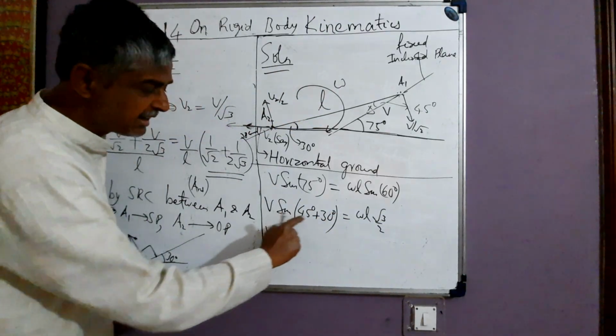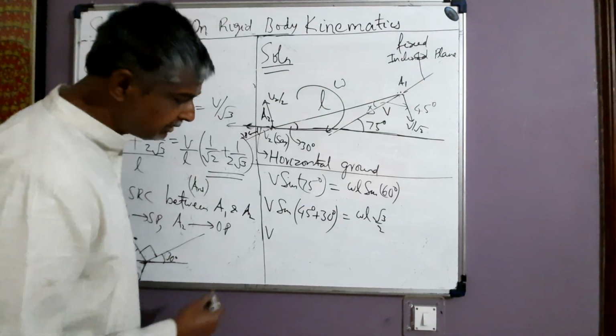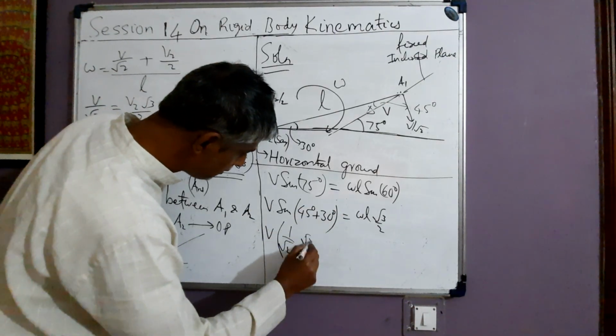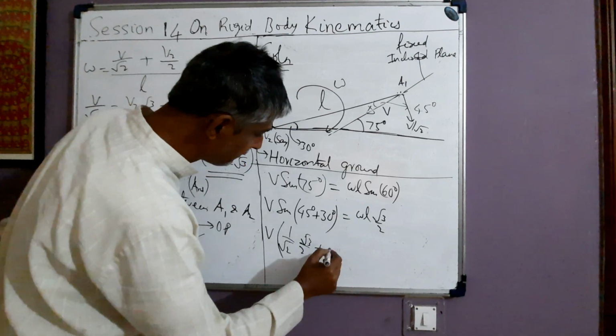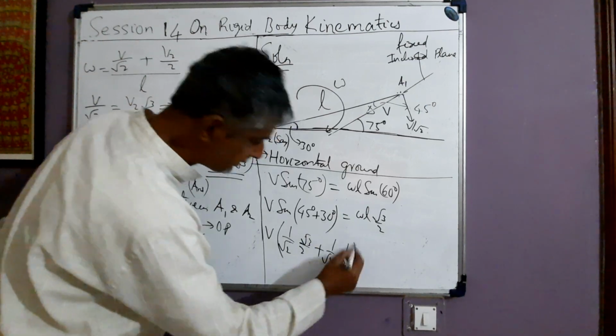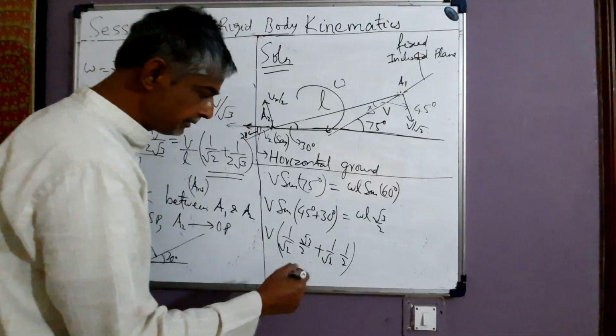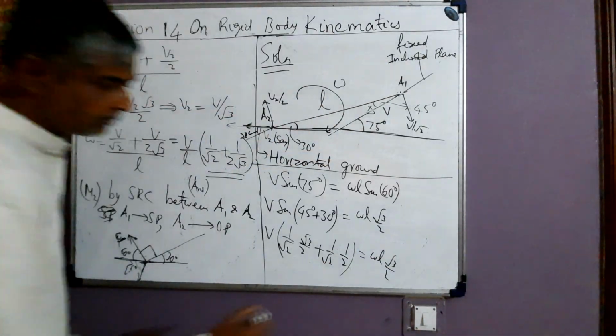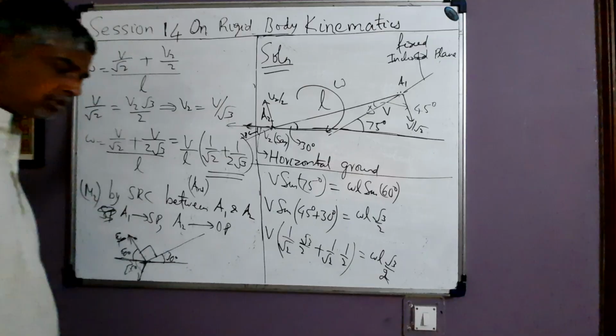Now I break this using the sin A plus B formula: sin A cos B plus cos A sin B, sin 45 cos 30 plus cos 45 sin 30, equal to omega L root 3 by 2.